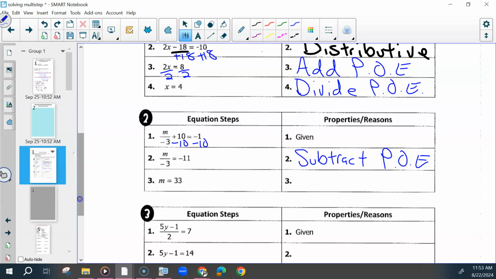Holly? Multiply it. And we're going to talk about inverse operations here in a second. But they multiplied this negative 3 on both sides. So that's your multiplication property of equality. I'm just going to put multiply POE. So the main thing is we're doing it to both sides. Just remember we're doing it to both sides.